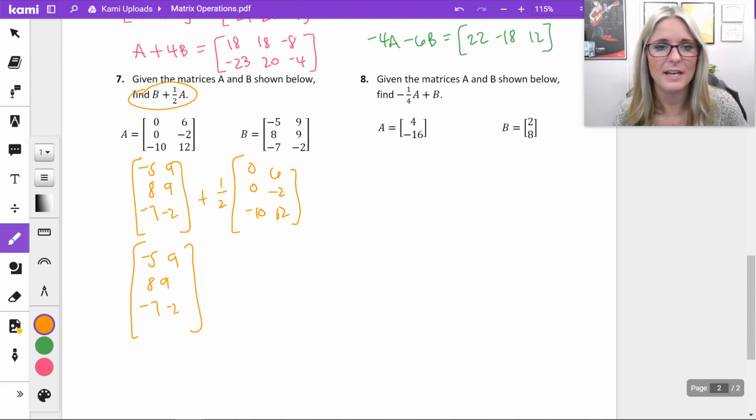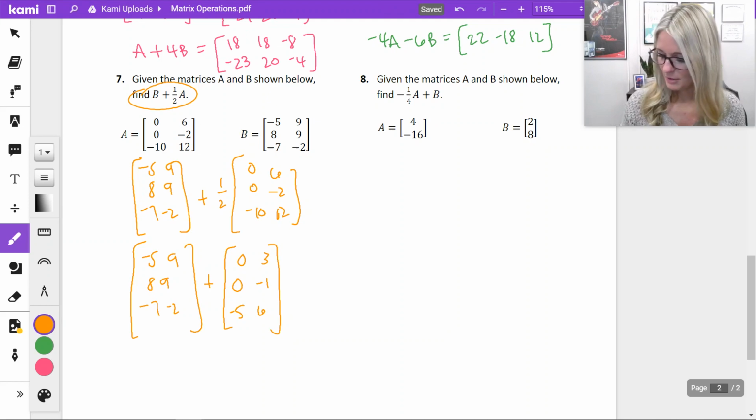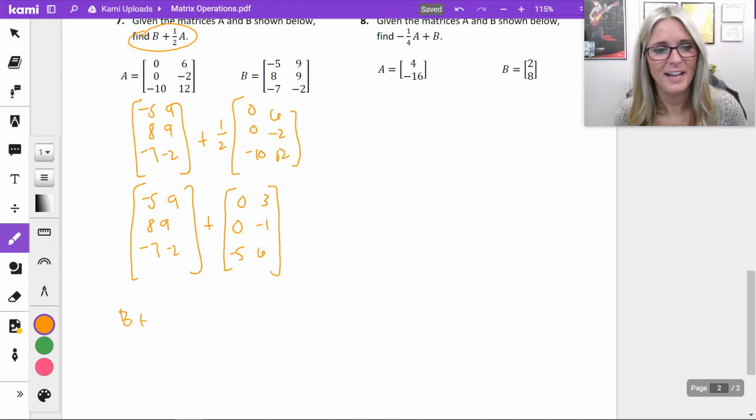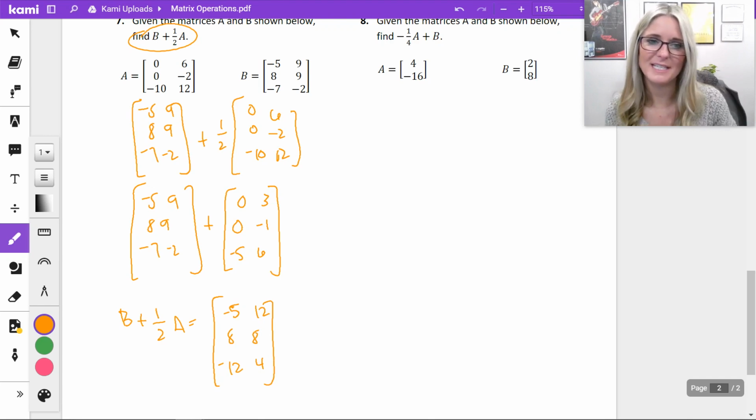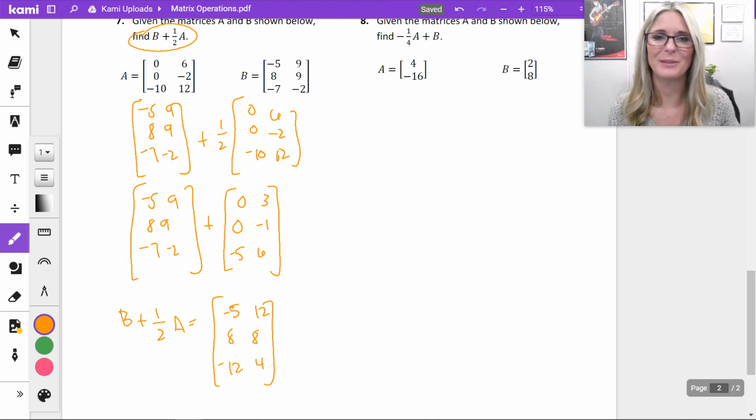When I multiply with that scalar, the 1/2, our new matrix is still 0, 3, 0, negative 1, negative 5, and 6. Multiplying by 1/2 there, and then we just need to add them together. Final answer for B plus 1/2 A is negative 5, 12, 8, 8, negative 12, and 4. Just adding those corresponding elements together after our scalar multiplication.